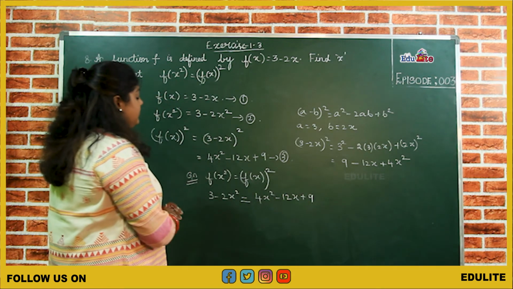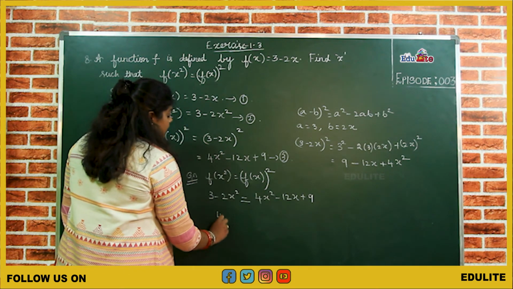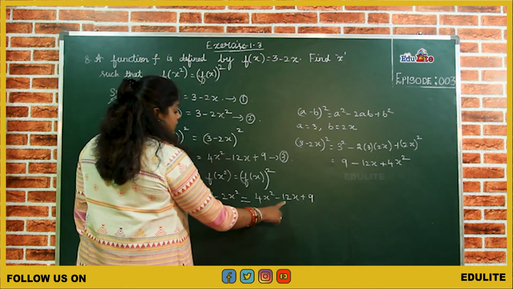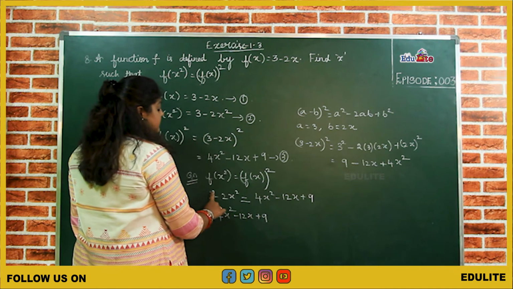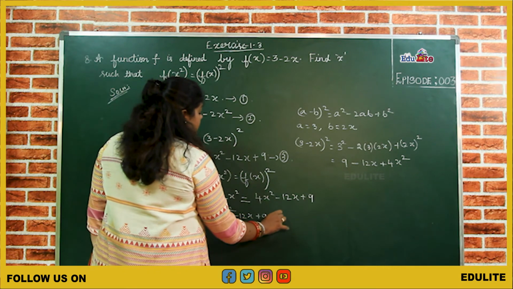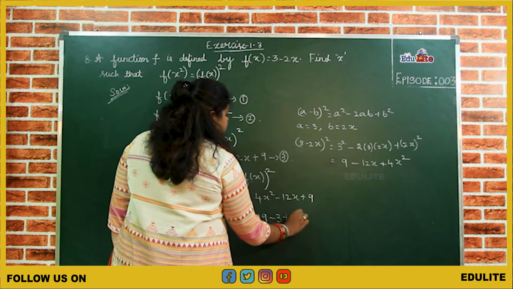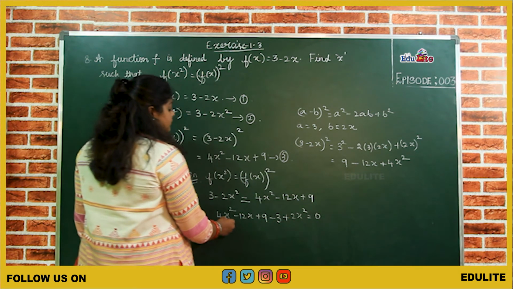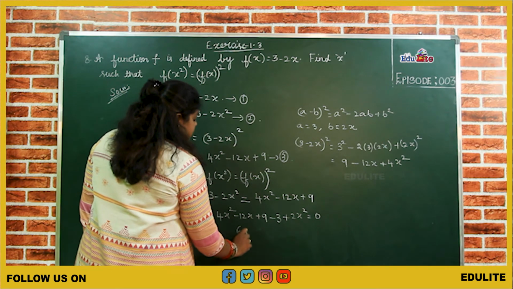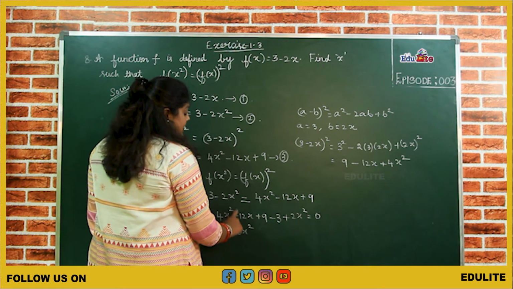Now we will take all these terms to the other side. It will become 4x squared minus 12x plus 9. I am taking this 3 to the other side, it will become minus 3. Minus 2x to the other side, it will become plus 2x square, which equals 0. So 4 plus 2, 6x squared, because we are equating the coefficients of the like terms.